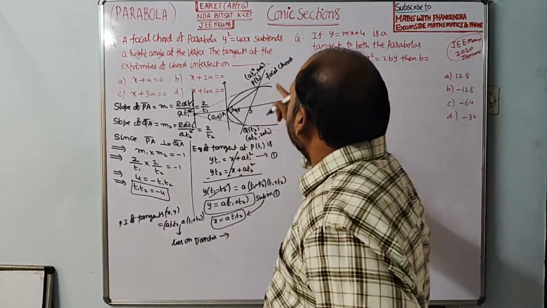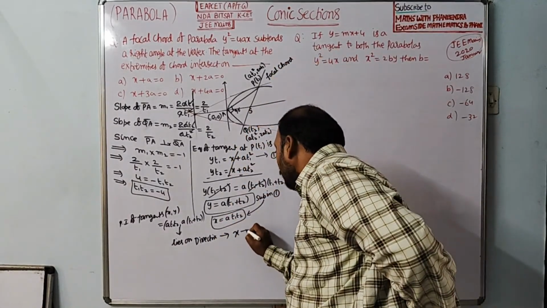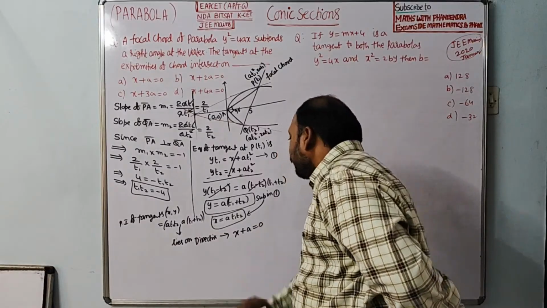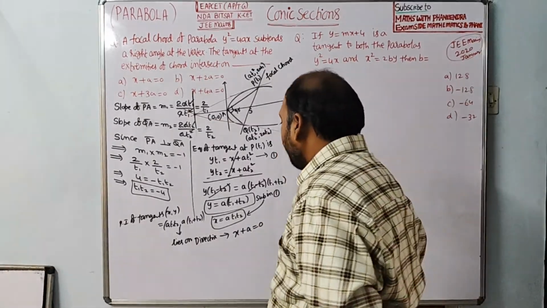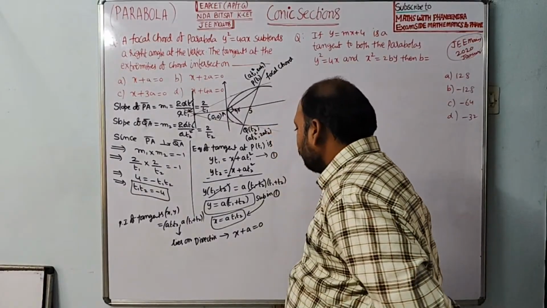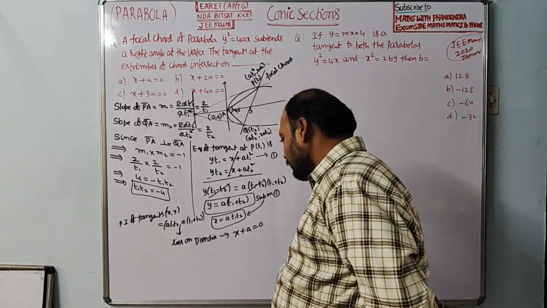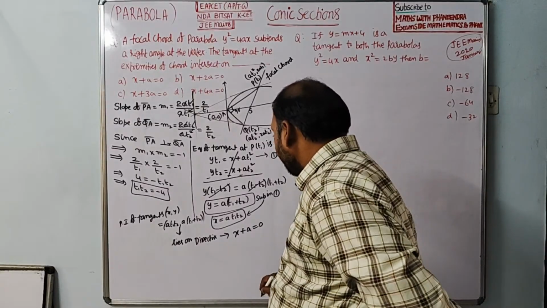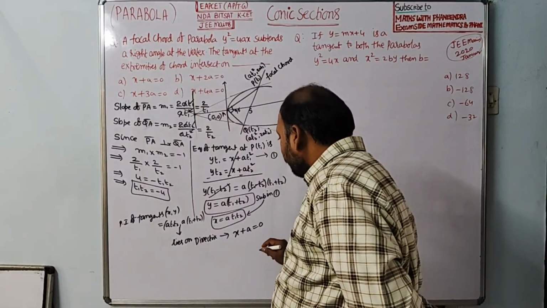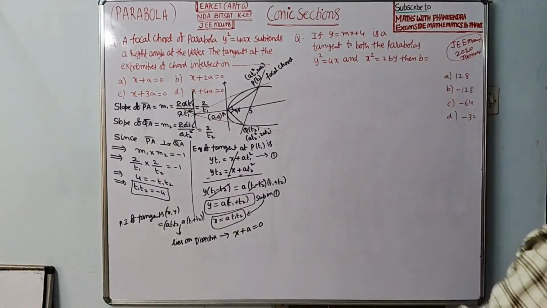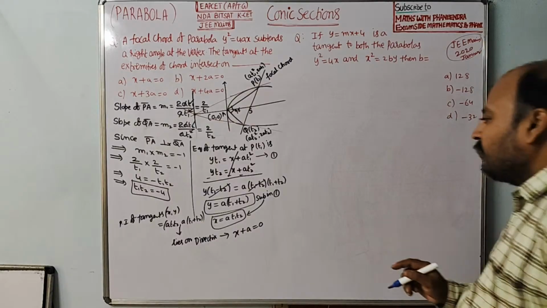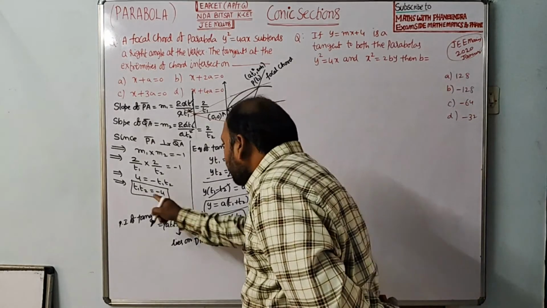What is the directrix of this parabola? X plus a equal to 0 only, no? Point of intersection. So here a value, how it comes? X plus a equal to 0 is the directrix. What is t1 t2 value?